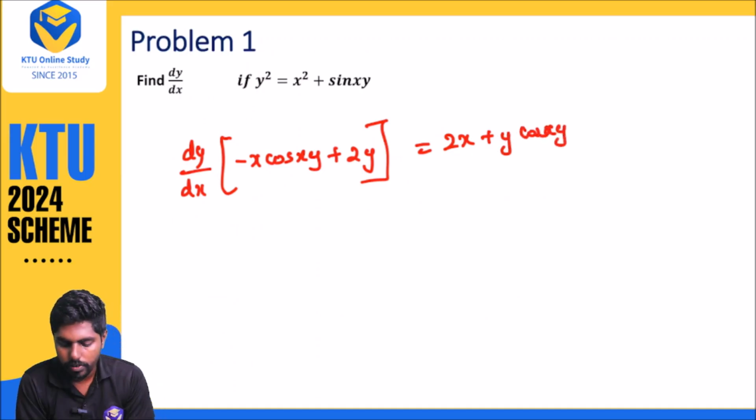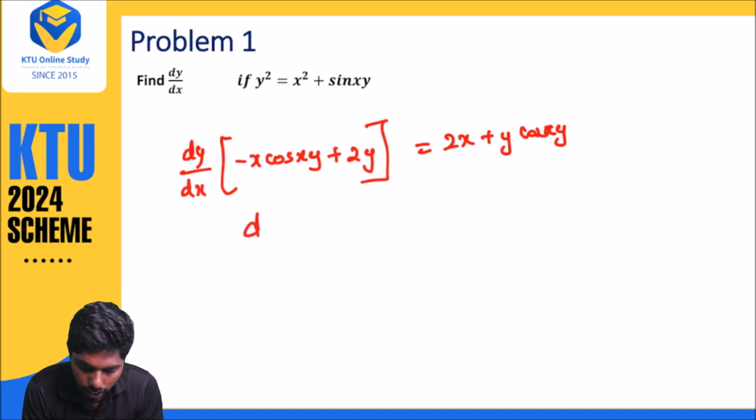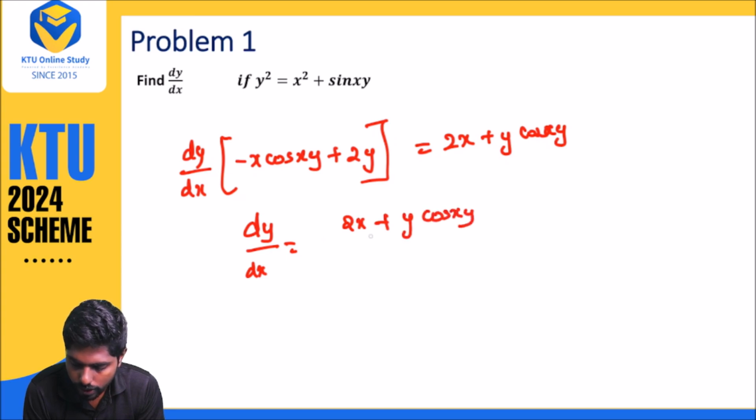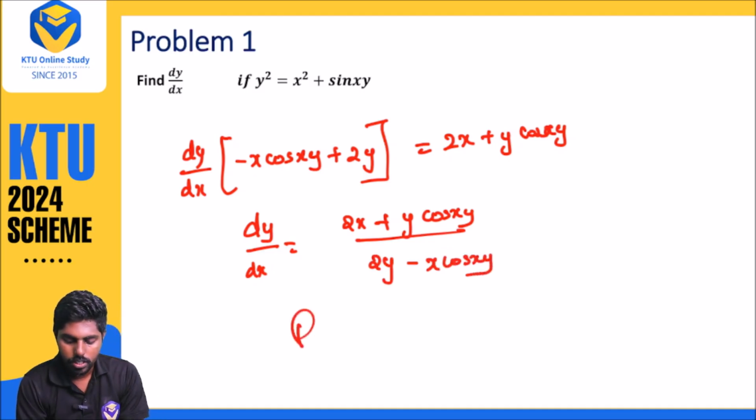So dy by dx is equal to 2x plus y cos xy divided by 2y minus x cos xy. This is our required answer.